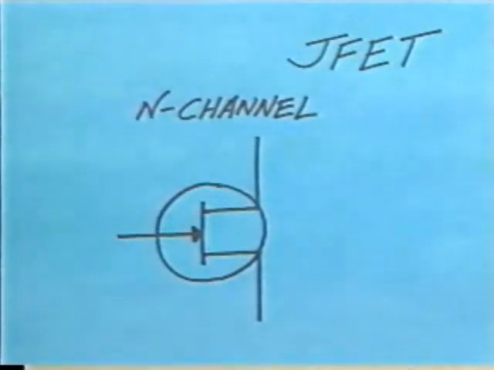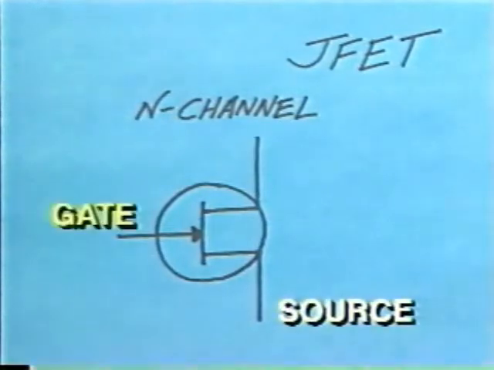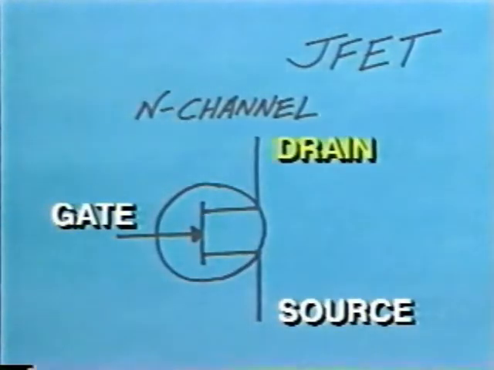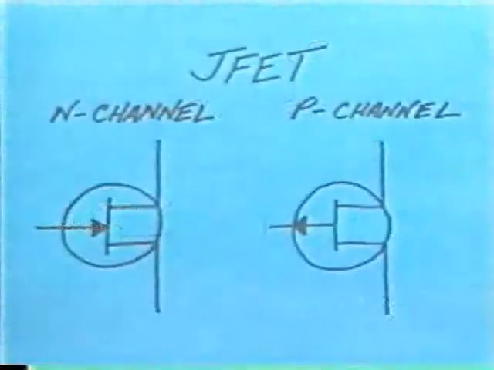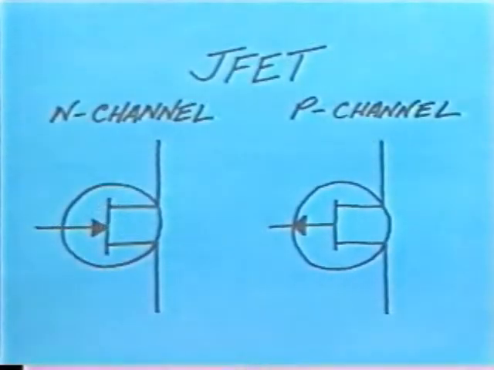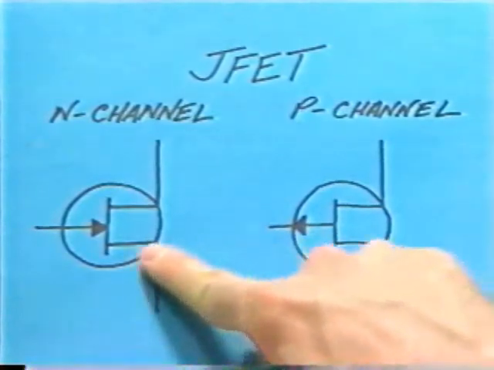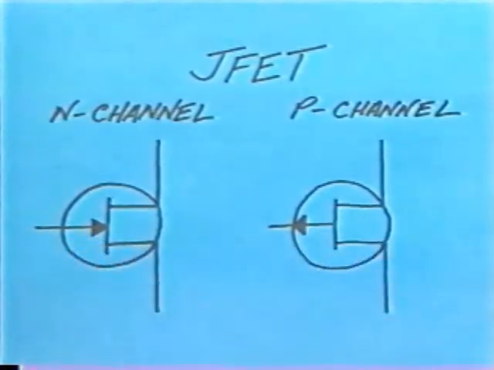Let's look at the JFET. Here is the schematic symbol. Notice that it has three leads: the source, the gate, and the drain. In terms of their semiconductor composition, JFETs are manufactured as either N-channel or P-channel devices. Just as with the bipolar schematic symbol, the arrow always points to the N material.